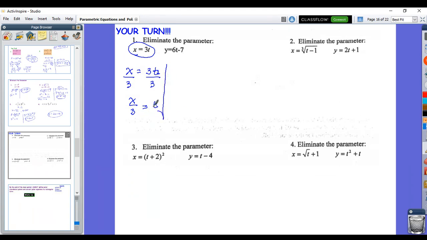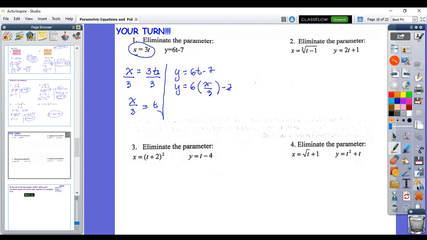Now, because we already have the t, we can go ahead and plug that into our y component. So I will have y equals 6t minus 7, just rewriting it. Plugging in my t, 6 times the t is x over 3, and then minus 7.